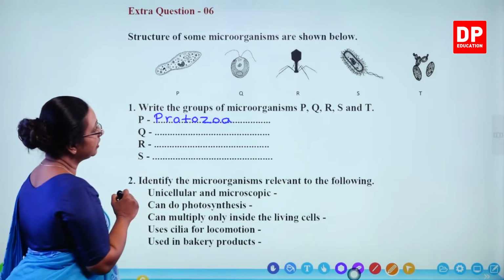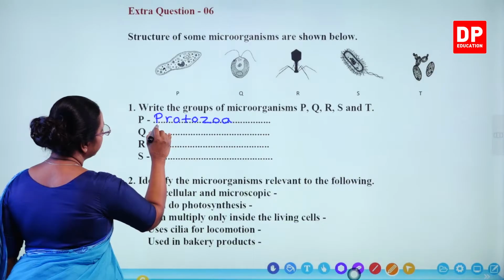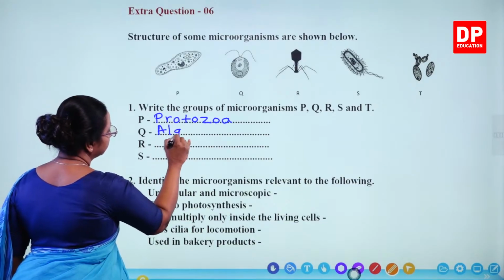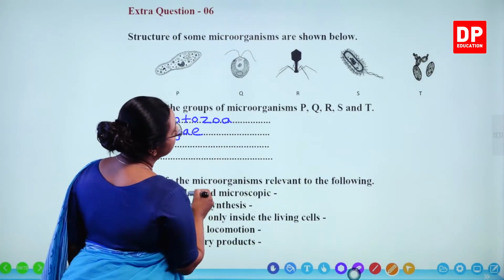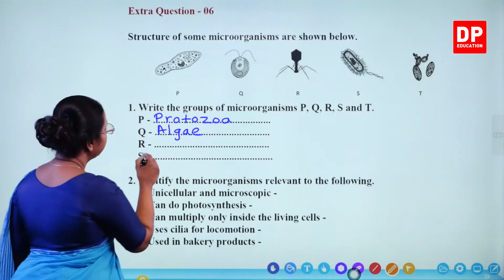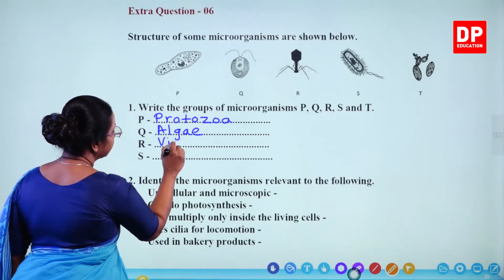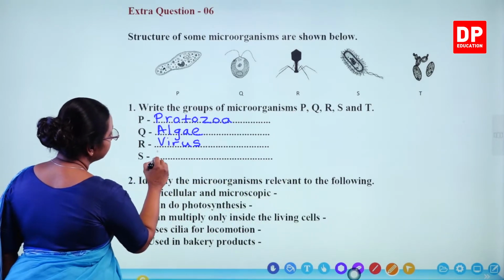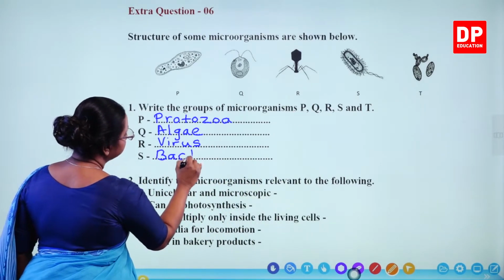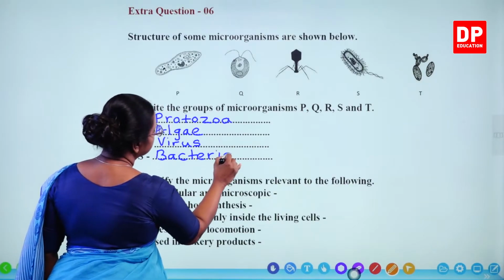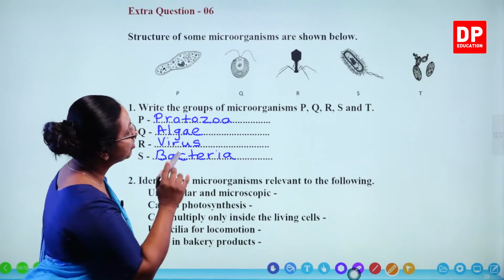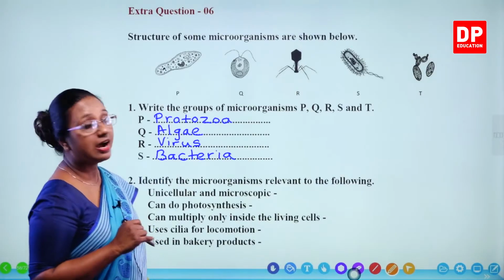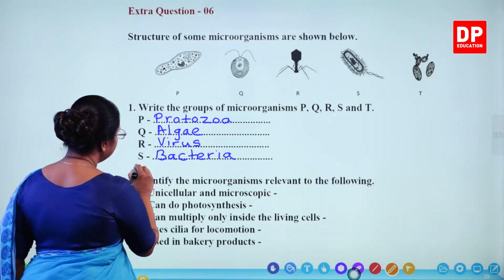Then what is Q? It is Chlamydomonas. So it is an Algae. What is R? The structure itself shows it's a virus. Then what is S? It is a bacteria. And then you have to also identify what T is. What is T?